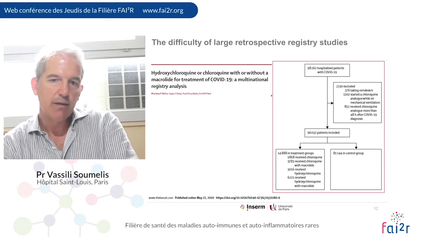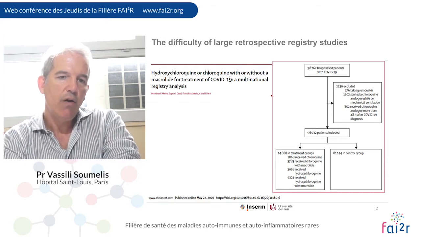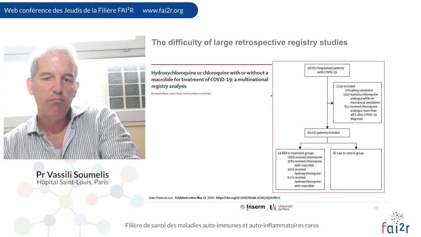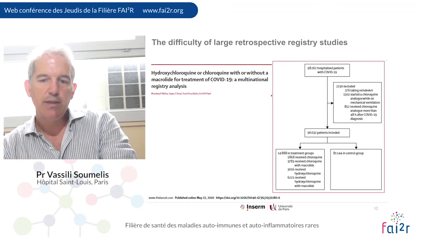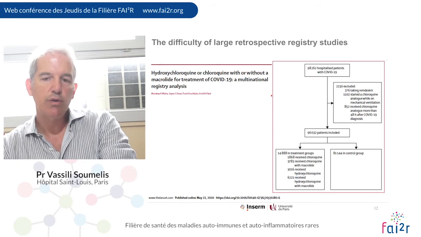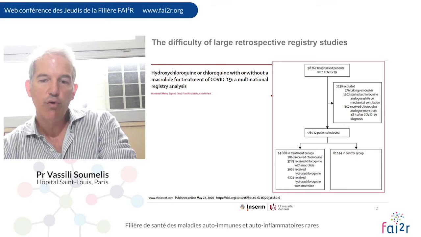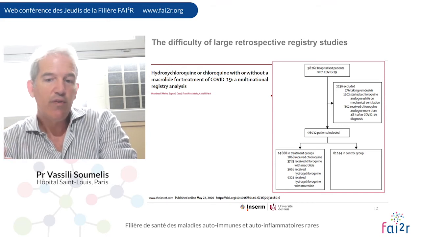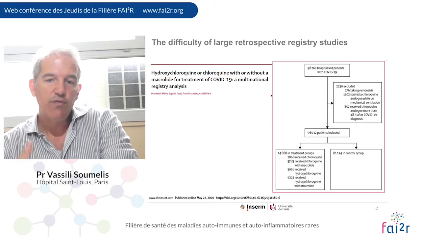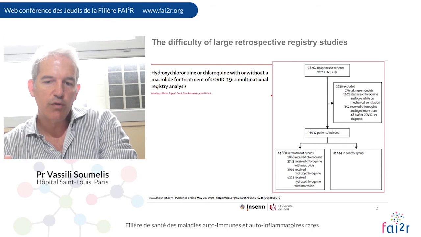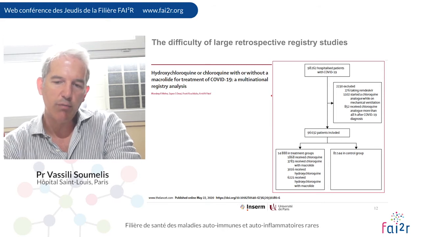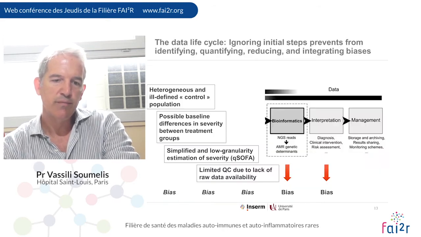And as in any of those retrospective big data type of studies, we don't control the composition of the groups. So the control group is called control, but in fact is not controlled at all. It's very, very heterogeneous, and it would be very difficult to compare the groups and reach reliable conclusions.